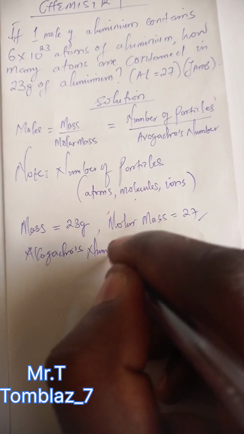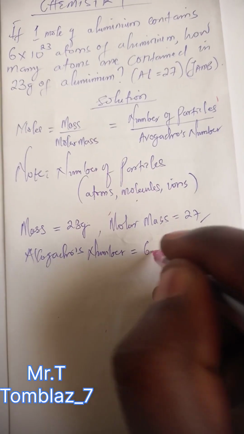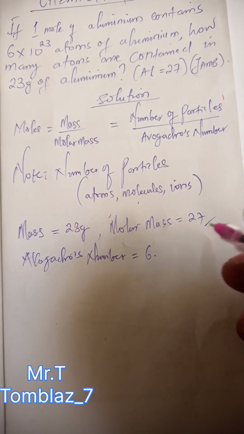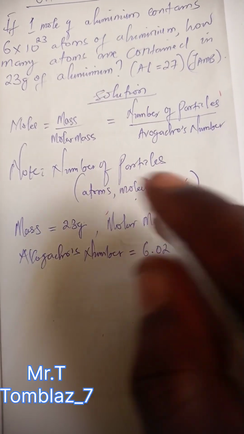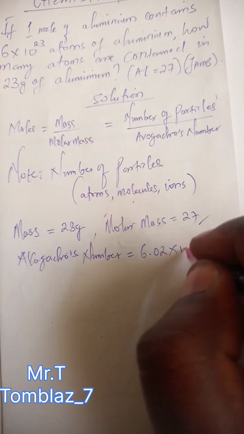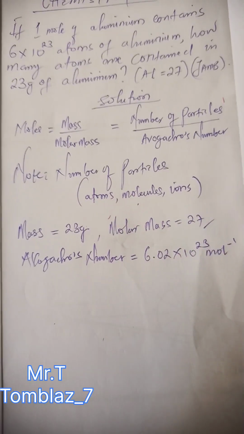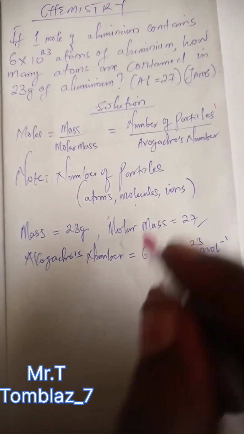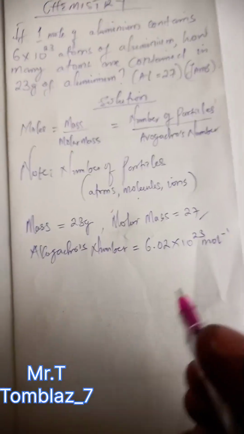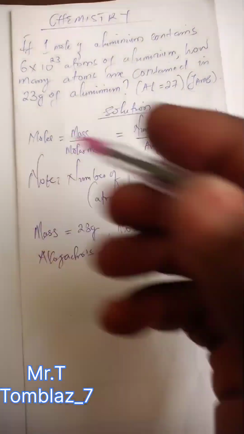Avogadro's number is also a constant, which is 6.02, or you can just use 6.0 based on what they are giving here, but the standard is this, right? Okay, so if we use the one given anyway, it's still the same value.